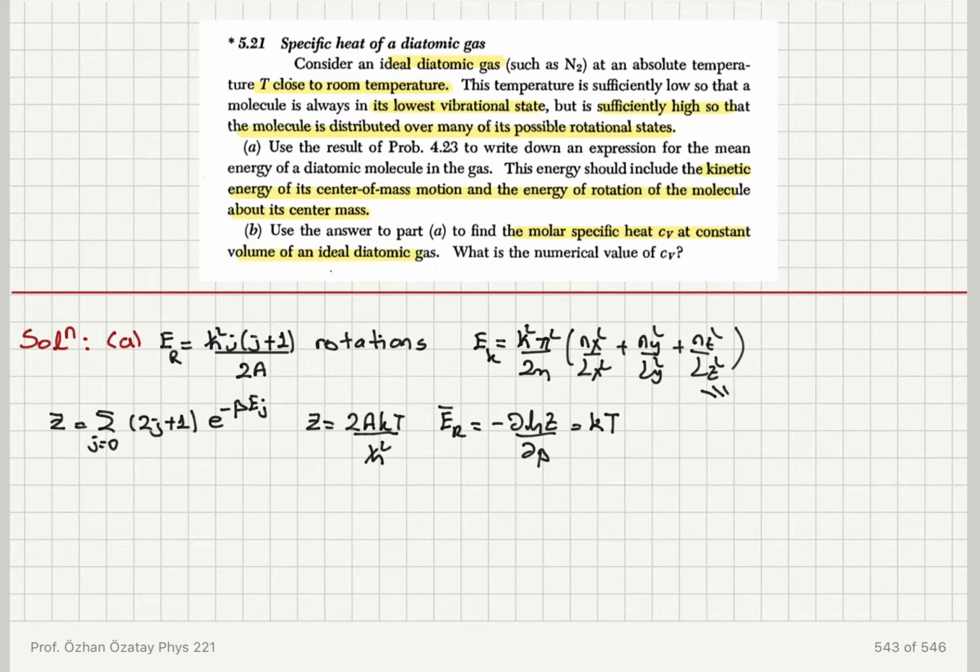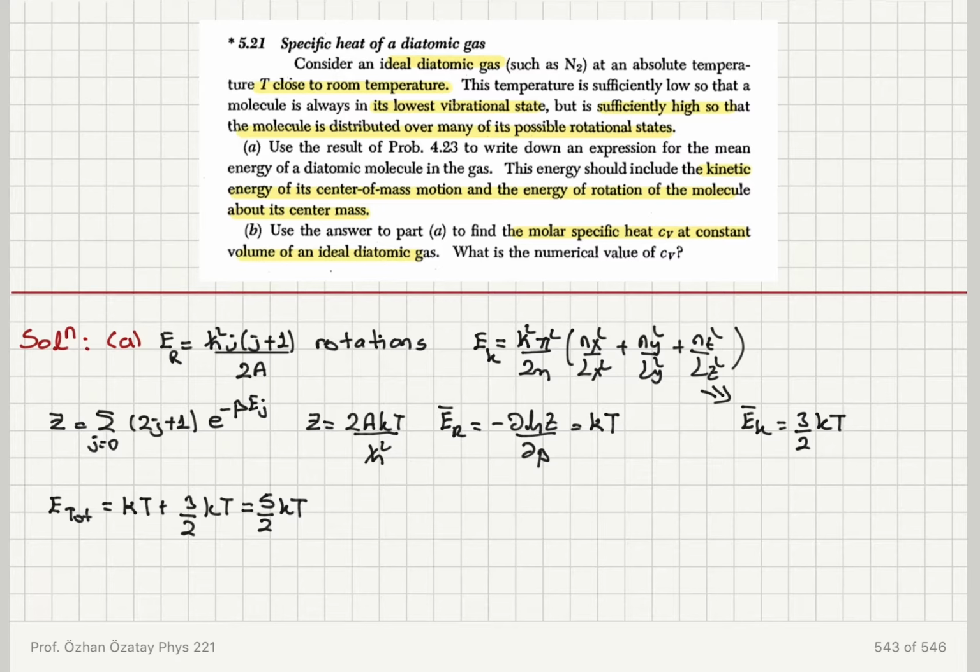And if you remember, the mean translational kinetic energy of the center of mass is 3/2 kT. So this is something we have done before also. Therefore, the total energy for temperatures close to room temperature will be kT plus 3/2 kT, which is 5/2 kT.